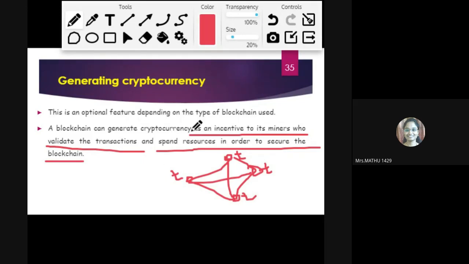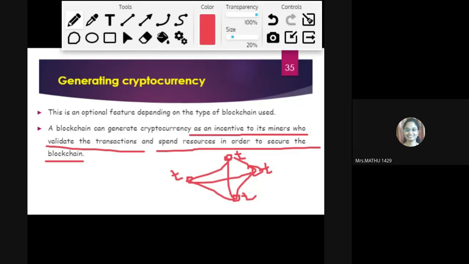Now for those mining nodes, we need to give some incentive, because they are using so much computing resources to do that validation. So as an incentive for their work and effort, cryptocurrencies are generated and given to them.